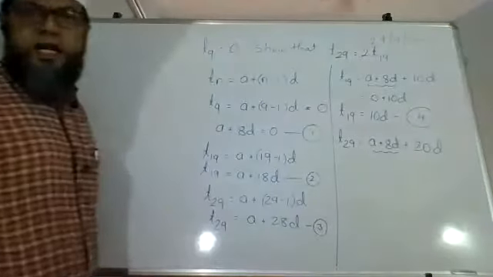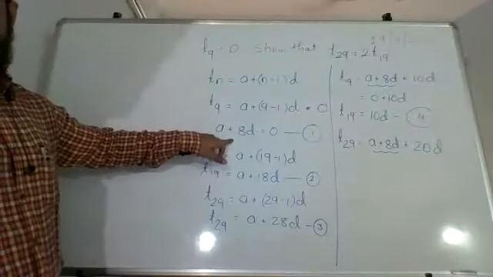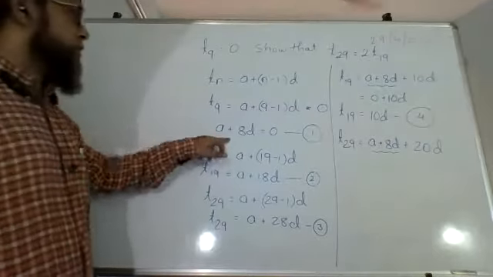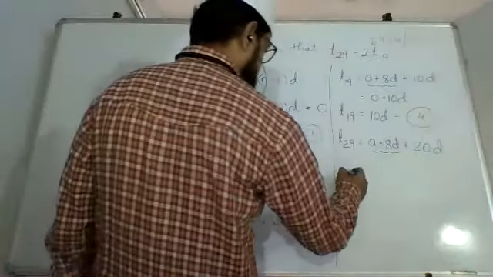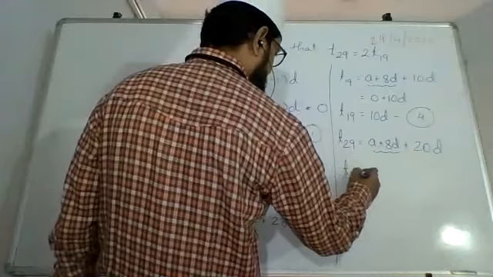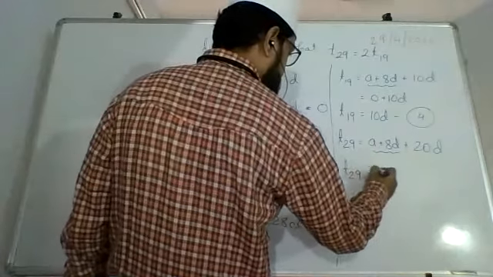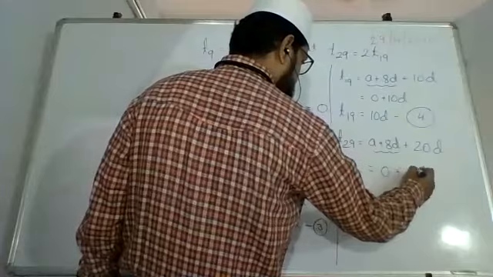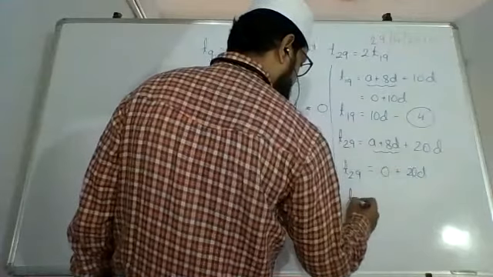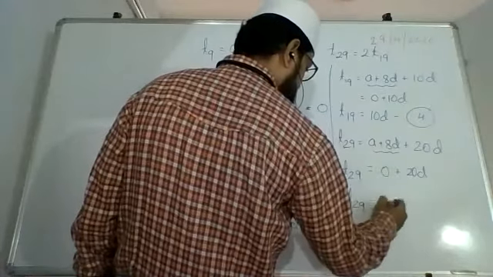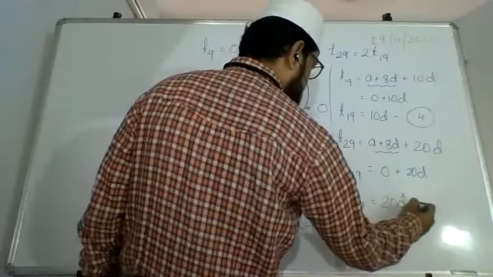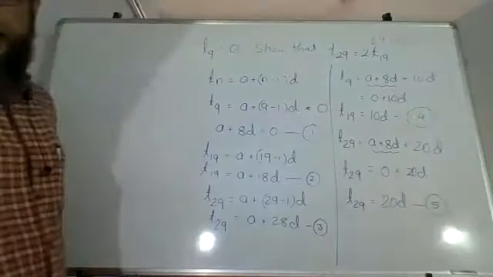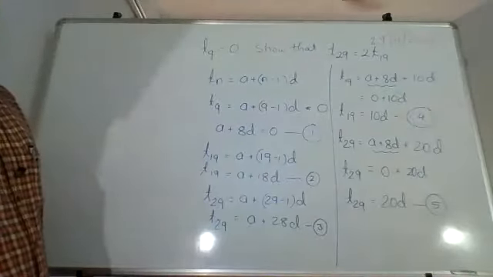And A plus 8D we have already found out is 0. So T29 equals 0 plus 20D. T29 equals 20D, call this equation 5.